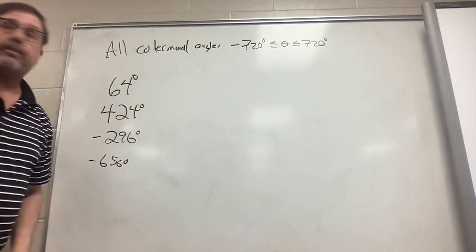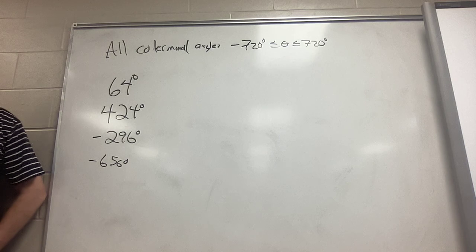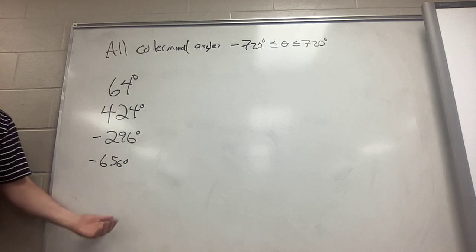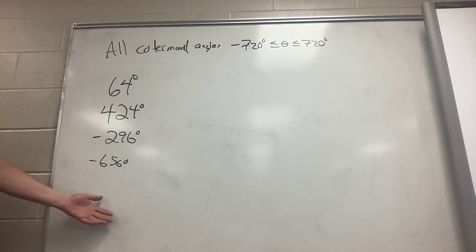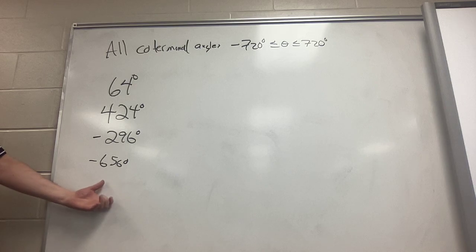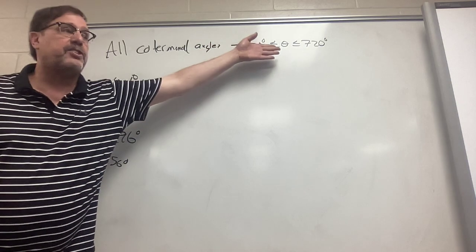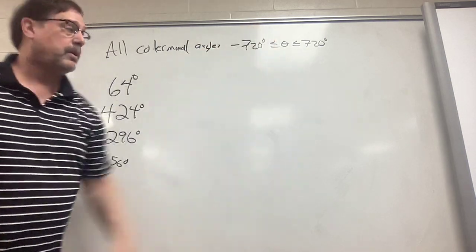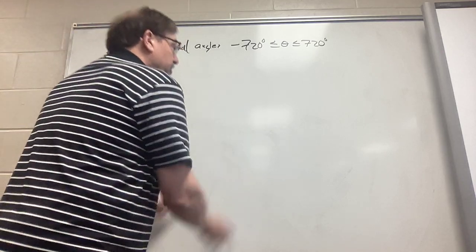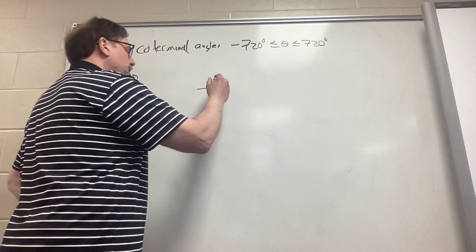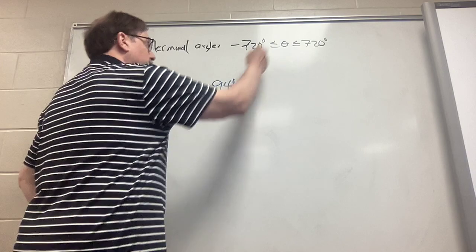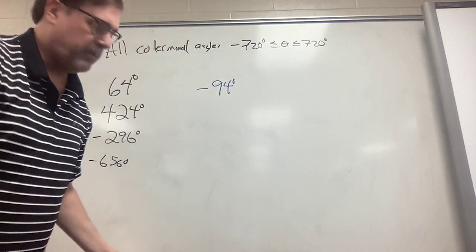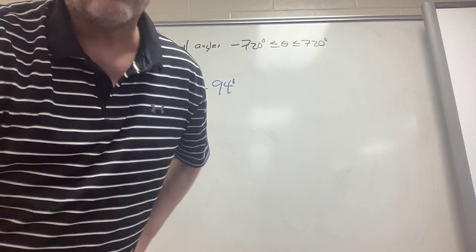And would you please take away 360 again? Is that a coterminal angle? Yes. Is it out of the range that I asked for? Cool. Would you please list all of the coterminals in this range. Do that right now while I'm stopping the recording to start another one.